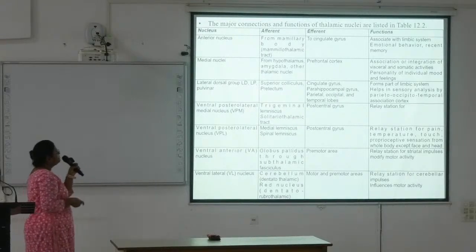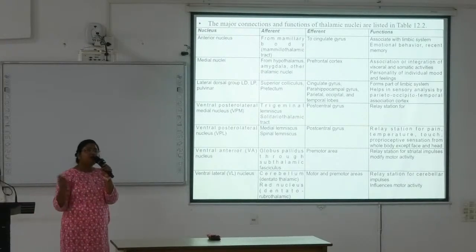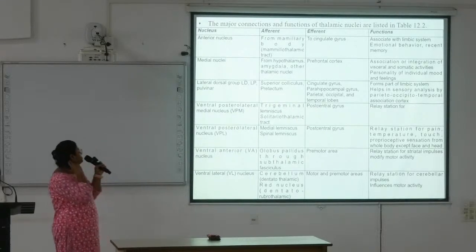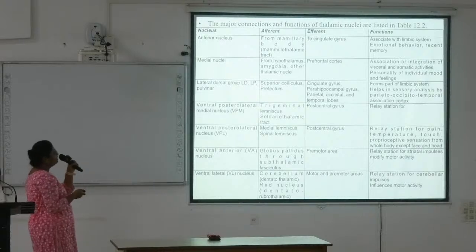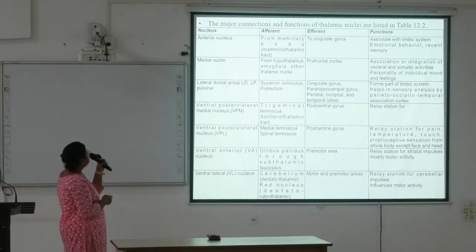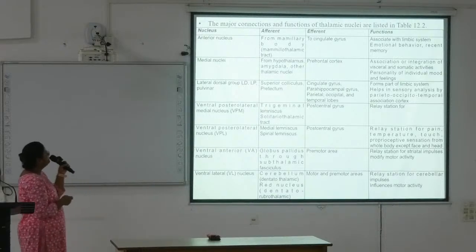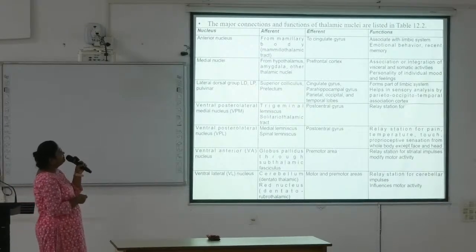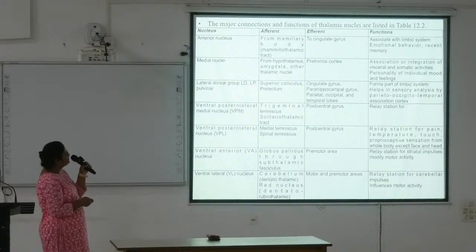Okay, so now for all these nuclei, where are they getting their afferent impulses and where are they sending their efferents? You have to know that, and what the functions of the individual nuclei are. First is the anterior nuclei. It gets afferents from the mammillary body via the mammillothalamic tract, and efferents go to the cingulate gyrus.